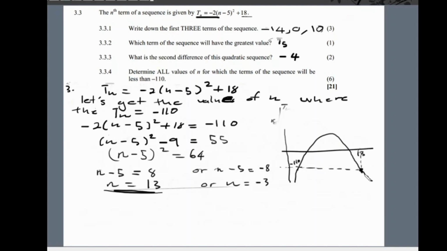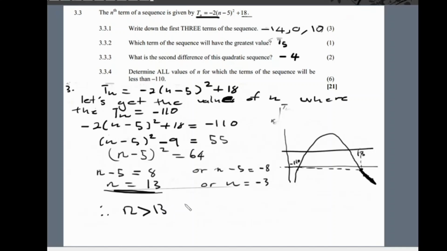So when you go to the right of 13, you already see the graph falls below minus 110. Therefore, when n is greater than 13, the values of the sequence will be less than minus 110.